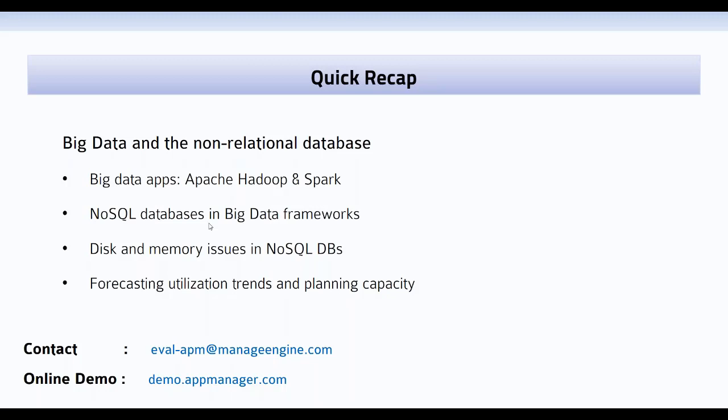Given their importance, it is equally important to monitor for issues in these NoSQL databases to maintain the overall business service efficiency across NoSQL databases and your big data applications, and then how to be prepared for the future and how to best utilize your database capacity with the help of the machine learning powered analytical feature within Applications Manager. So that brings us to the end of today's webinar session.